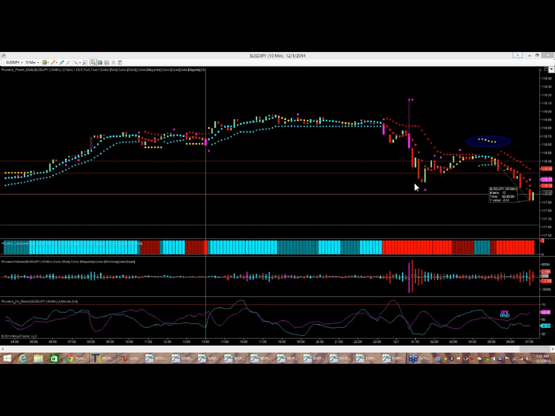One of the things that we're devising right now is alerts. As soon as these dots start to plot, we're going to have alerts set up so that it sends you an email or makes a sound on your computer, of course, to say, pay attention, their algorithms are active and they're going to start to drive price action and momentum into the market. And that's really what it comes down to.